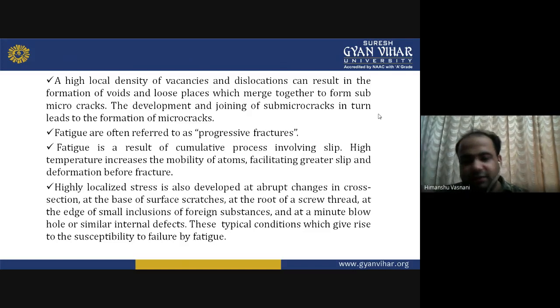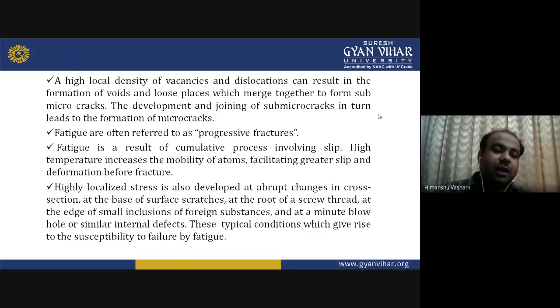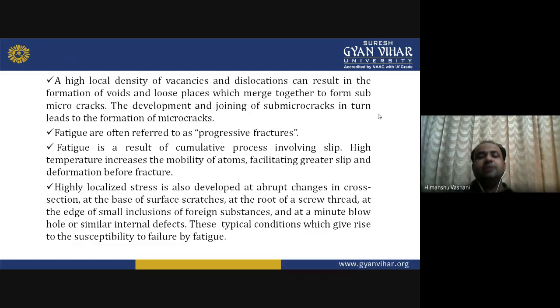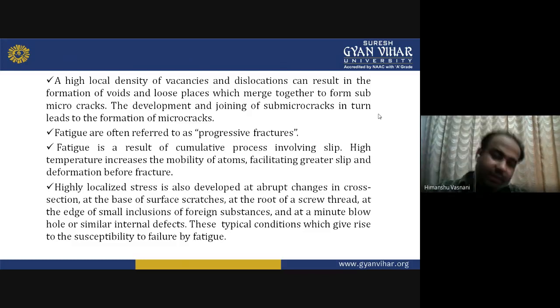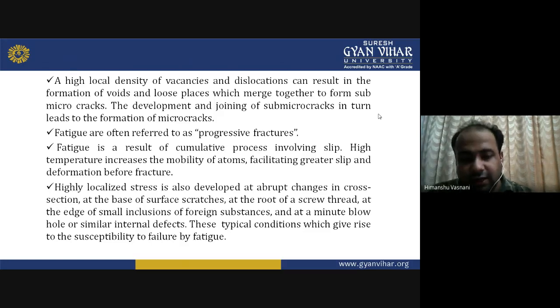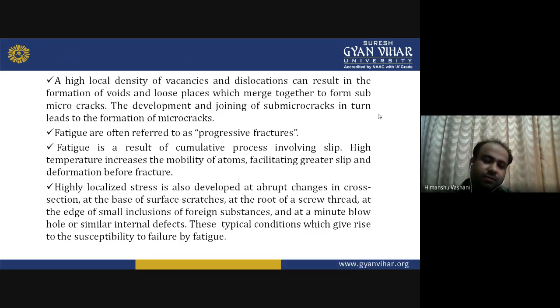Highly localized stress is also developed at abrupt changes in cross section, at the base of surface scratches, at the root of a tooth, at the edge of small inclusions of foreign substances, and at a minute blowhole or similar internal defects.